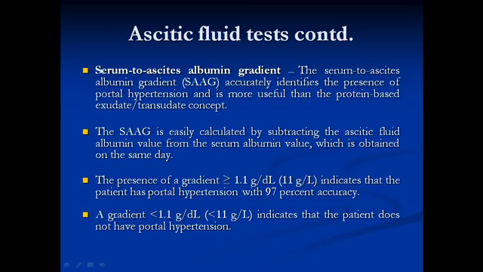So it is very much important. We have to perform serum to ascitic albumin gradient. We have to know this. If the gradient is more than 1.1 gram per deciliter, it indicates that the patient has portal hypertension with 97% accuracy. If the gradient is less than 1.1, it indicates that the patient does not have portal hypertension.